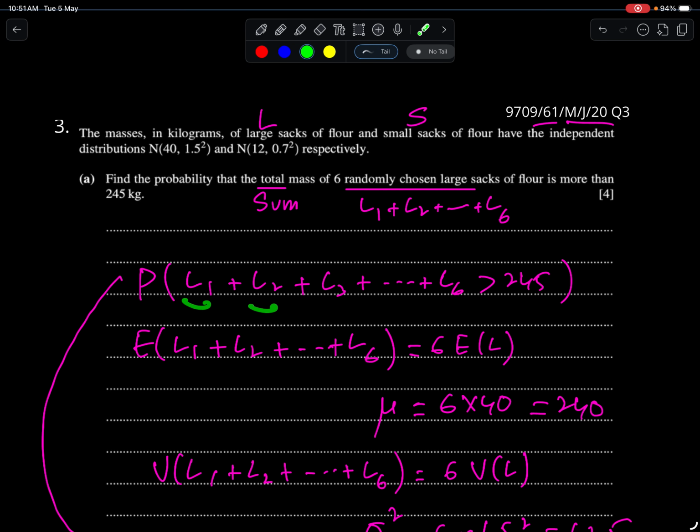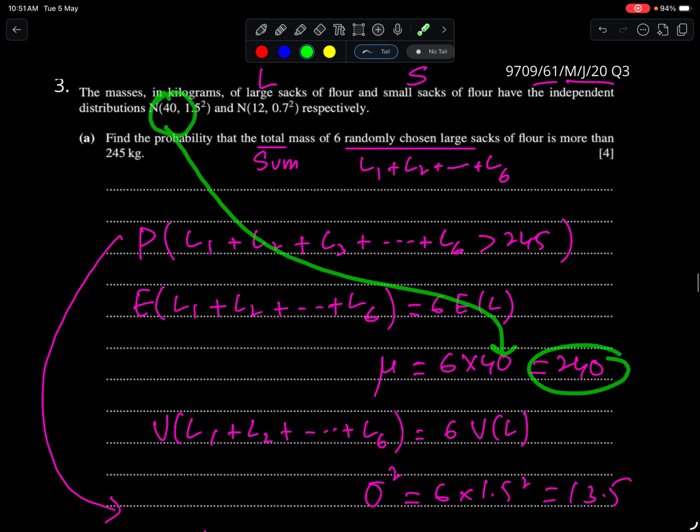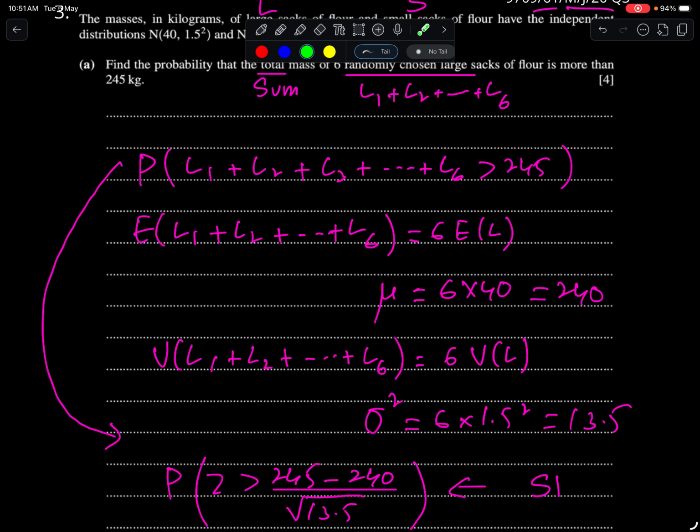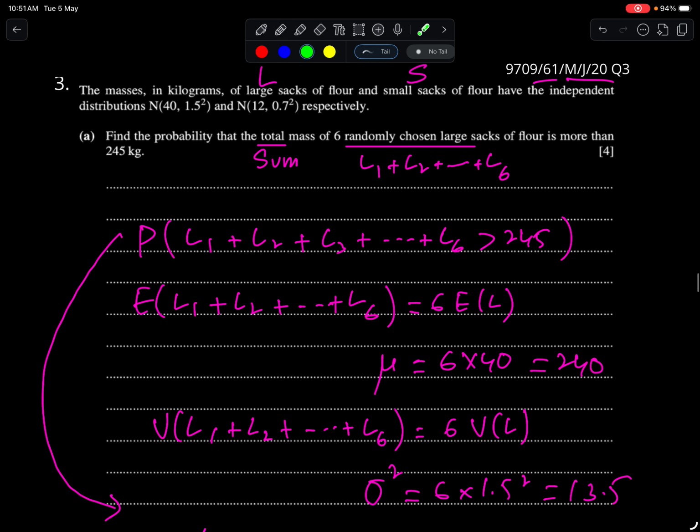When we find the mean of this, we write 6E(L), so 6 times the mean of L, which is 40, so 240. Same with variance, 6V(L). And we need more than 245.